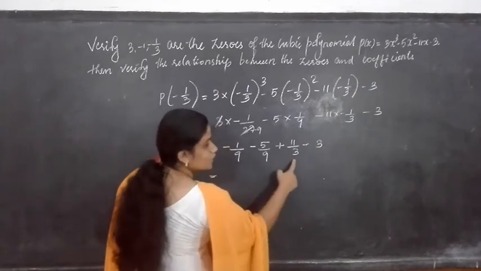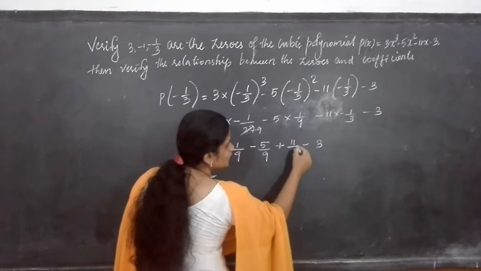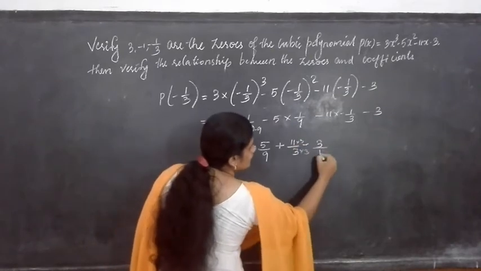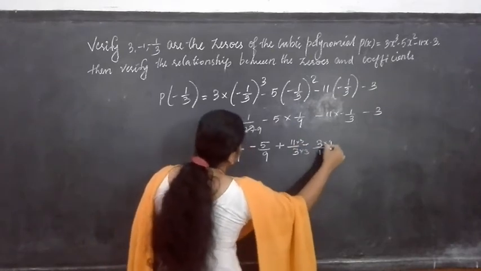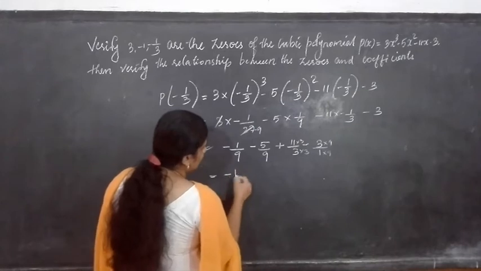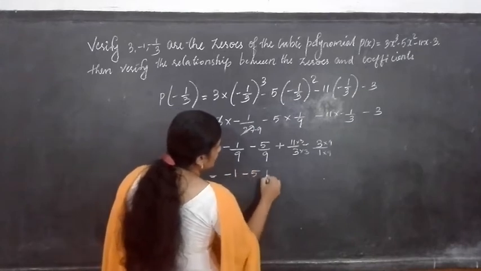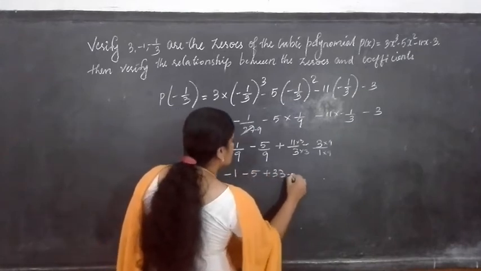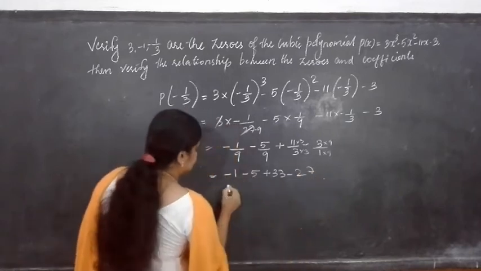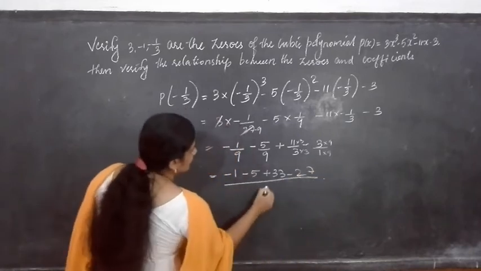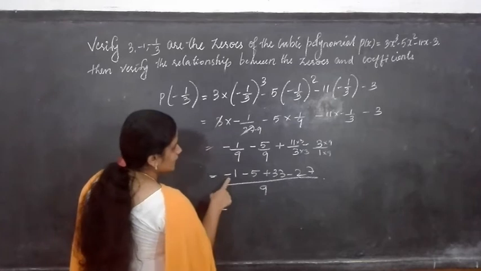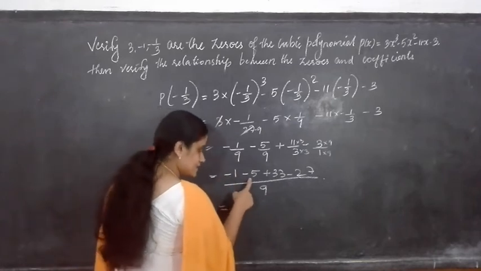Yes, children. Here, if we take the LCM, the LCM is equal to 9. Therefore, here into 3 and here into 9. So, negative 1, negative 5, plus 33, minus 27, by 9. Negative 1, negative 5, negative 6.